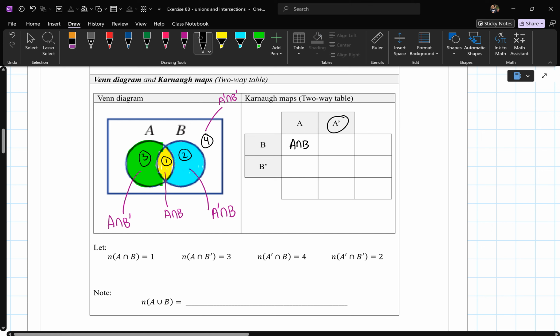Then what about not A that intersects with B? Well, if it's not part of A but intersects with B, that's here, right?